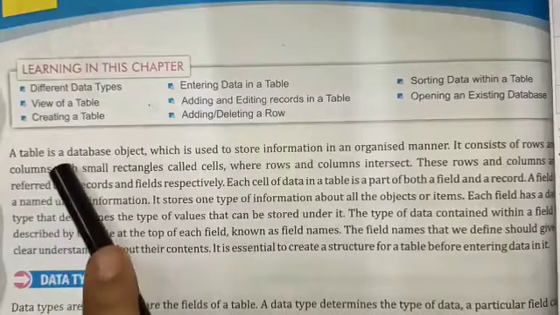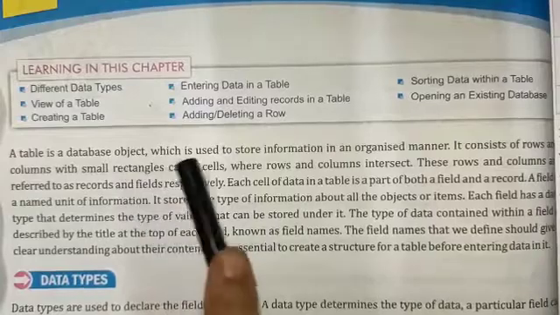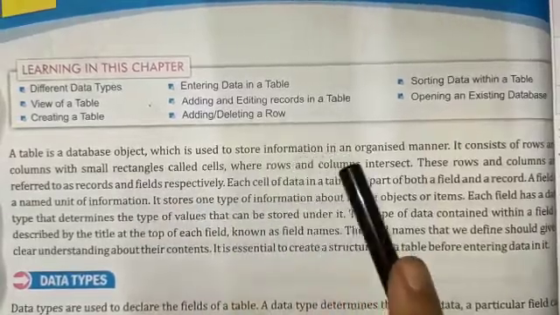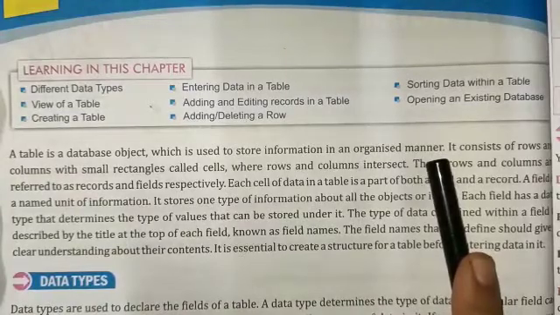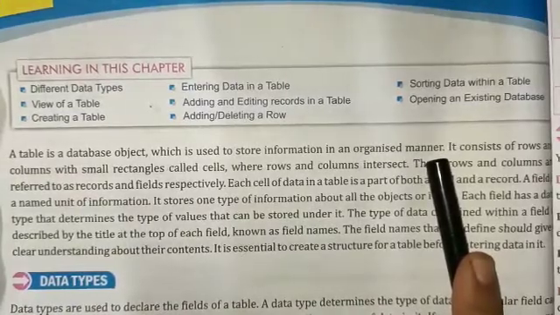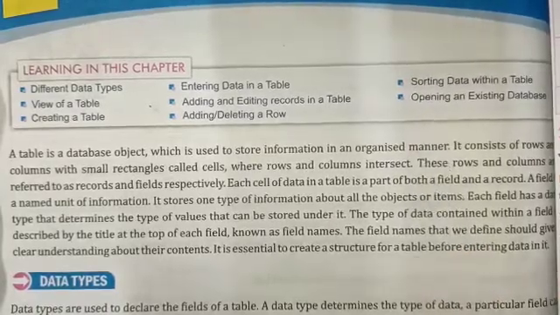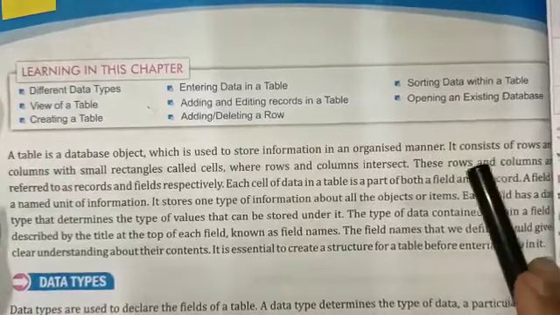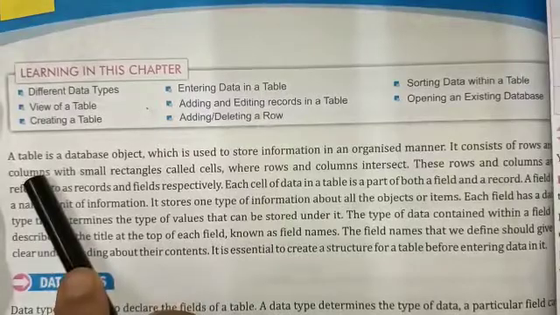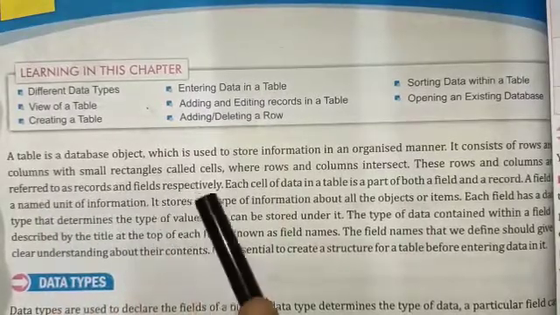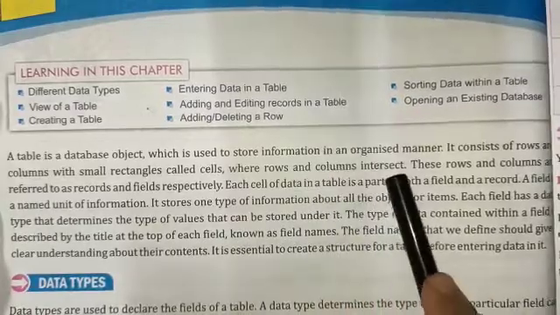A table is a database object which is used to store information in an organized manner. It consists of rows and columns with small rectangles called cells where rows and columns intersect.